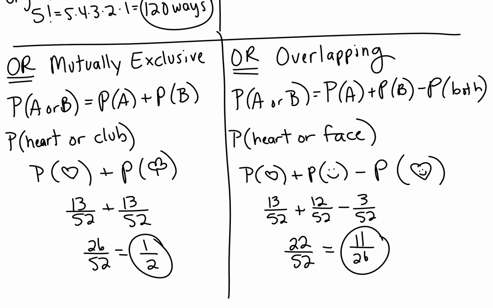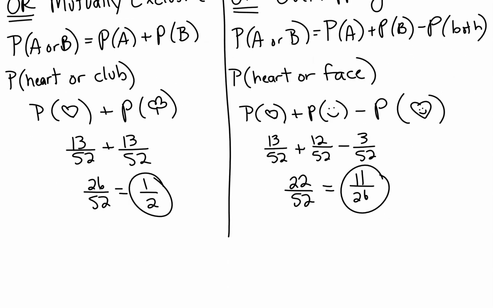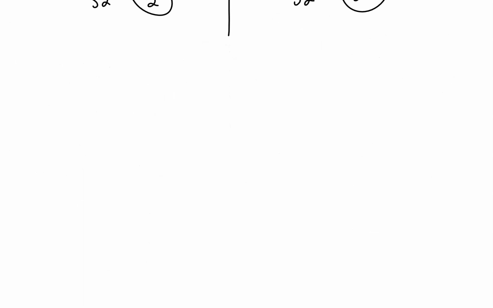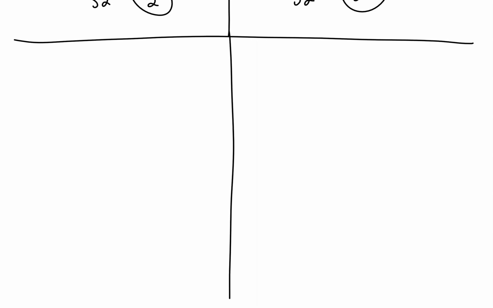Okay. On the and problems, you're doing multiple things. So you might pull 2 marbles out of the bag, or you might wear 2 different shirts, or whatever, but multiple actions. When we're dealing with the and problems, we have and problems that are independent. When they're independent, the first thing doesn't affect the second thing.